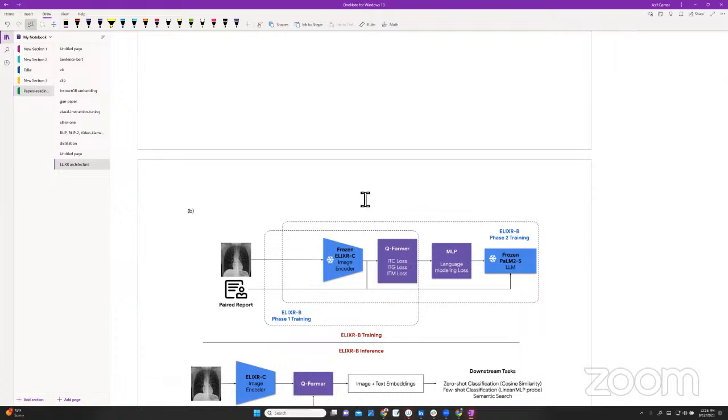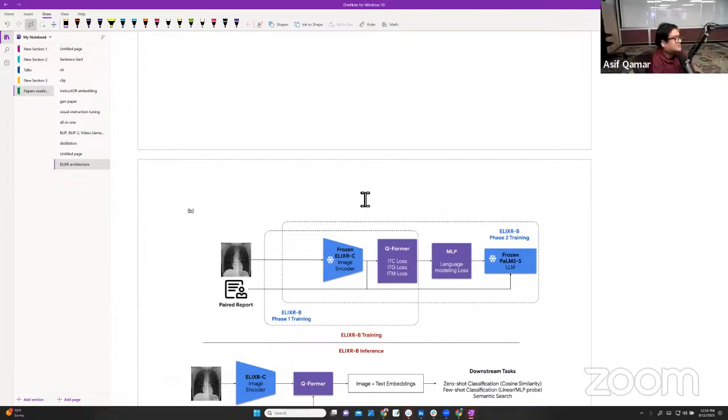Okay. Hey, Asif, a question on the contrastive learning. The random text that's generated, is that completely random, or is it a different medical report? It's a different medical text. What you do is, see, you have lots of pairs, right? Images and text. So your positive pair is that image-text genuine pair. Then you randomly hop into the data set, take any other pair, and pick the text from there.